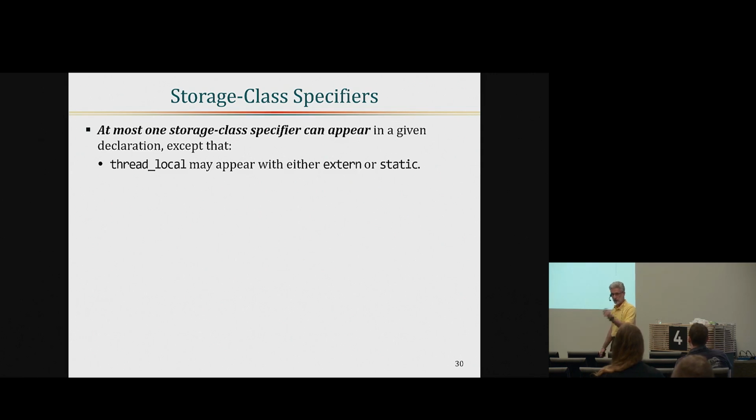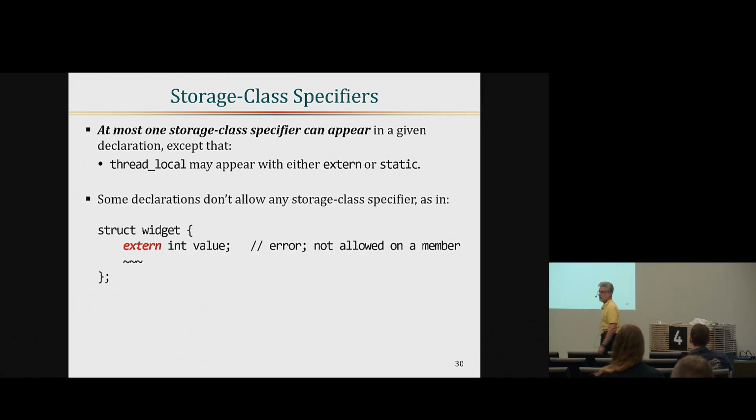So you can have extern thread local or static thread local. But otherwise, you can only have one of these. And there are some declarations where this just isn't permitted at all. For example, you're not allowed to use the keyword extern in either C or C++ to declare the member of a struct or a class. That's not valid.